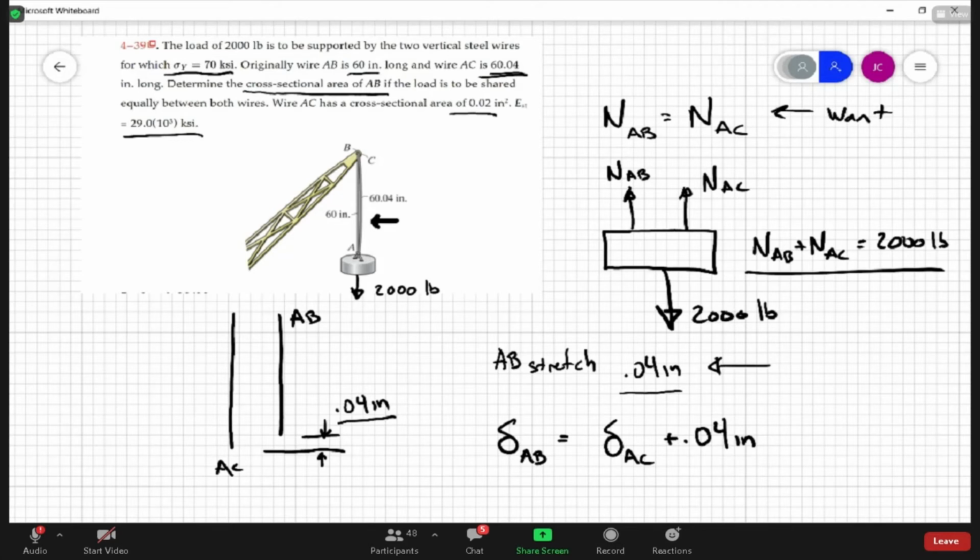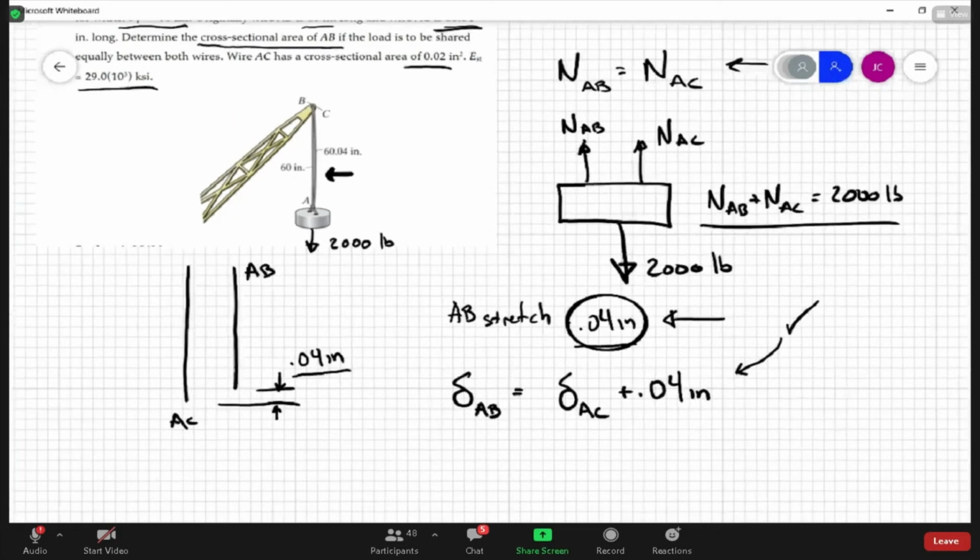So what I'm saying here, wire AB has stretched 40 thousandths of an inch, so delta AB is 40 thousandths of an inch, and delta AC is 0. Is that satisfied here? Yes, it is. If I had put a minus sign here, it would have been wrong. You know what I mean, right? So that's how I sort of try to do a check. So this is good. So now I got this compatibility condition, right?